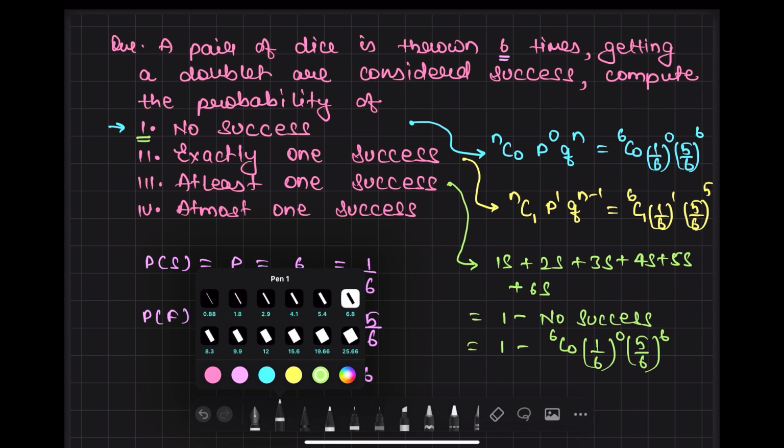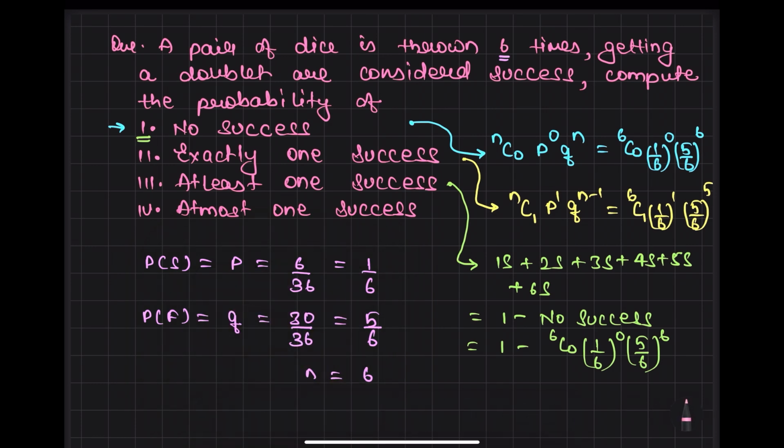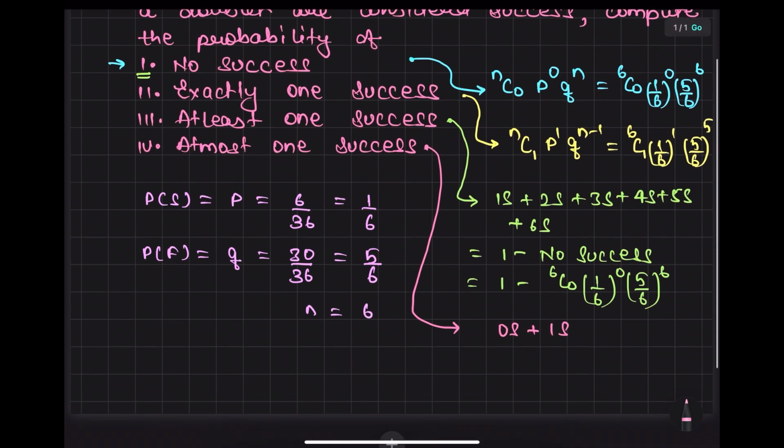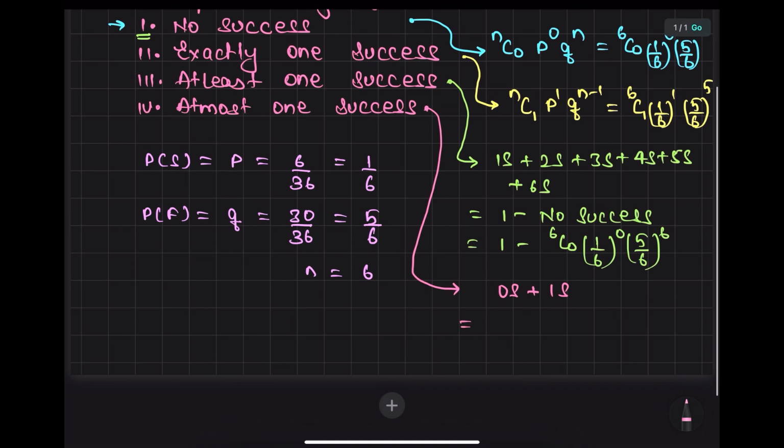Now we have this, the fourth question. And the fourth question is saying at most one success. At most one success means what? Zero success is allowed, one success is allowed. Zero success means what? No success, and no success is 6C0, 1 by 6 power 0 and 5 by 6 power 6, plus one success.